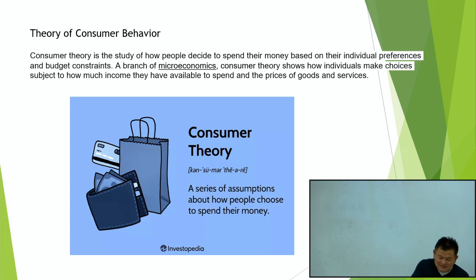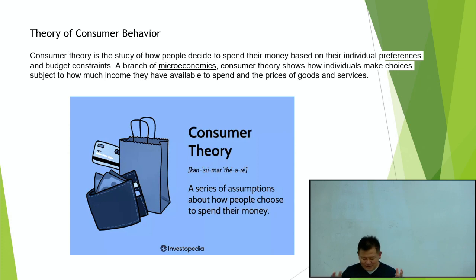So okay, the theory of consumer is the way a person acts or behaves in a certain situation. A certain situation means, for example, I want to buy, I want that. Every individual has a different perspective, opinion, idea, views, wants, taste, need.